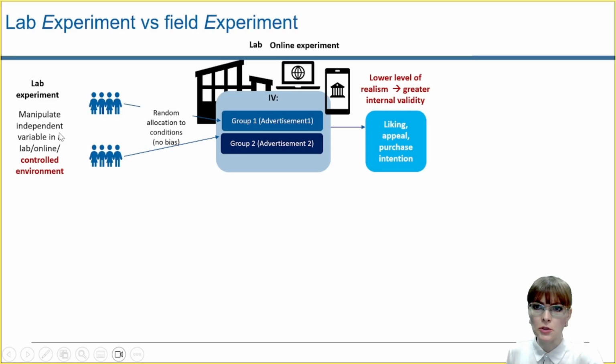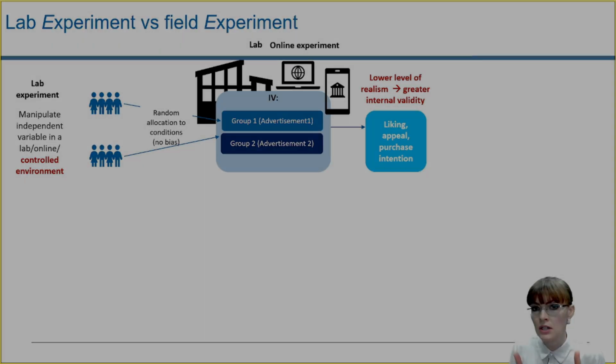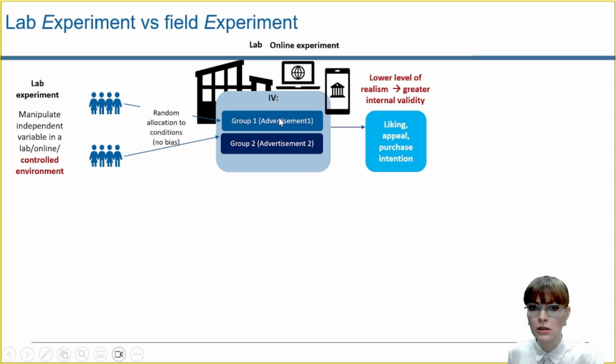And as a research tool, a lab experiment allows us to have more control over experimental procedures, over the sequence. It can ensure that research protocol is followed for all of the participants in exactly the same manner, that they indeed saw the advertisement that you allocated them to.